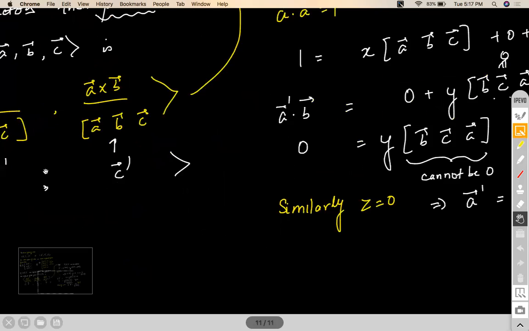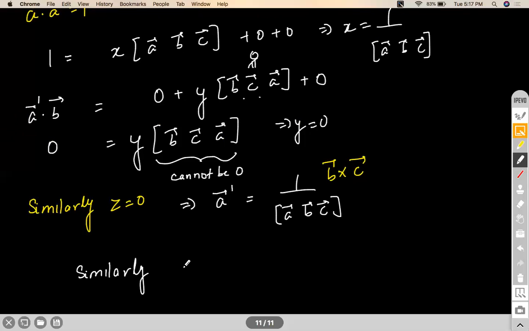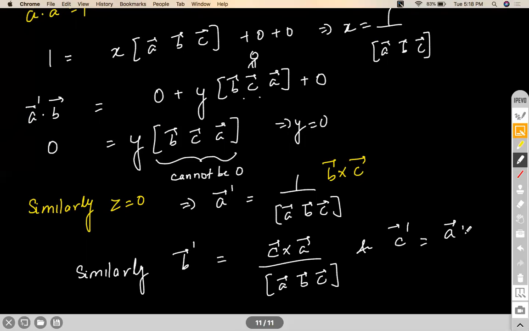I'm sure you are smart enough to figure out how B dash becomes C cross A by box ABC, and how C dash becomes A cross B by box ABC. So please figure it out in a similar way.